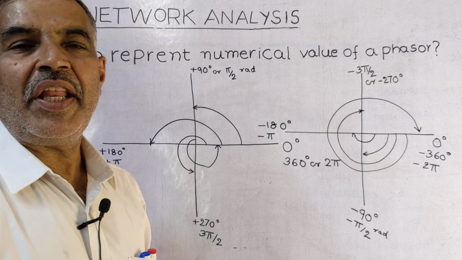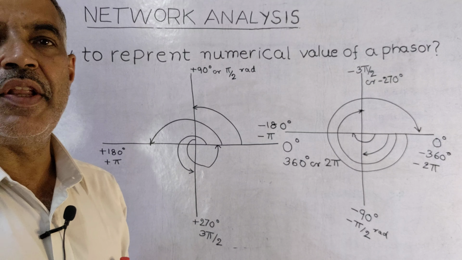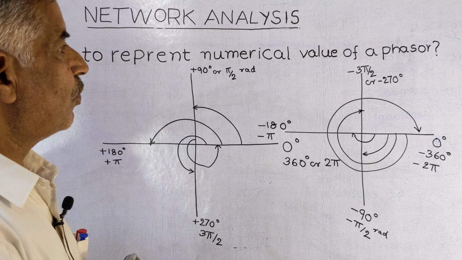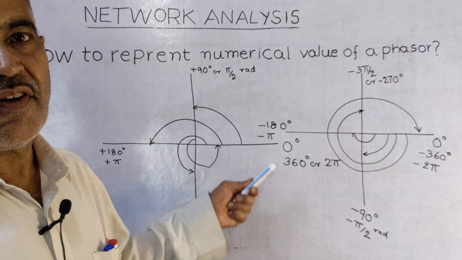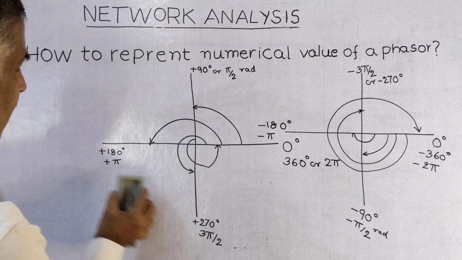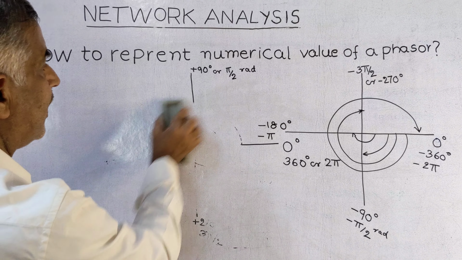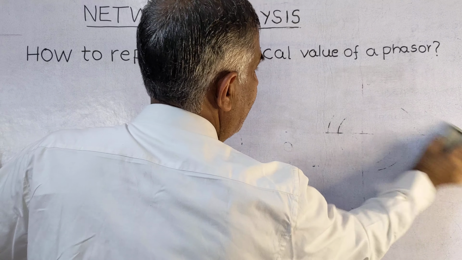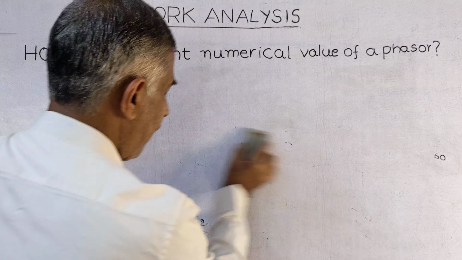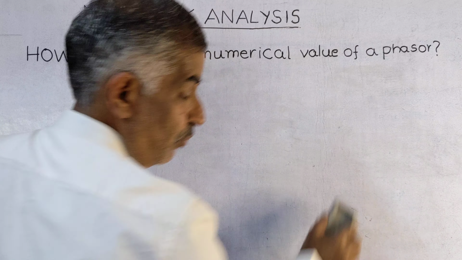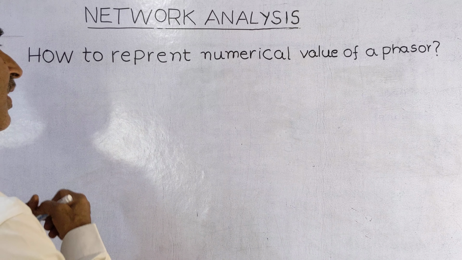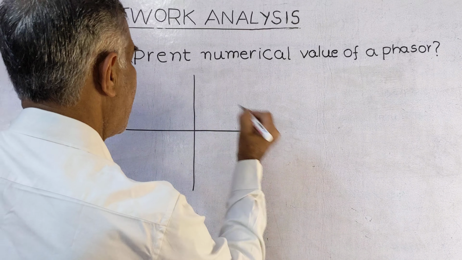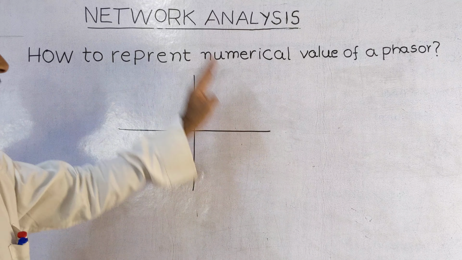So the first preliminary thing is that we have to divide the plane into 4 quadrants and specify the angles. This is one way of defining the plane. Another way of defining the plane is again by having a set of mutually perpendicular axes, a horizontal axis and a vertical axis.